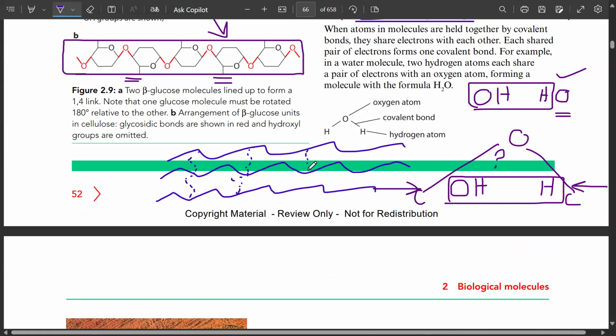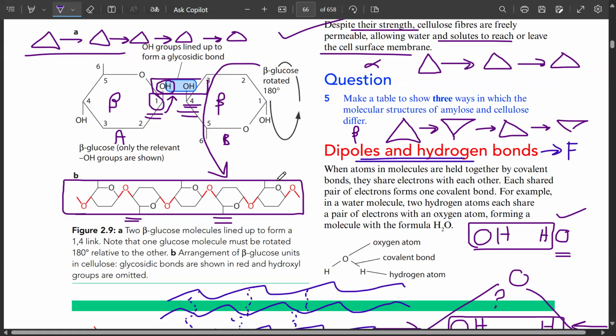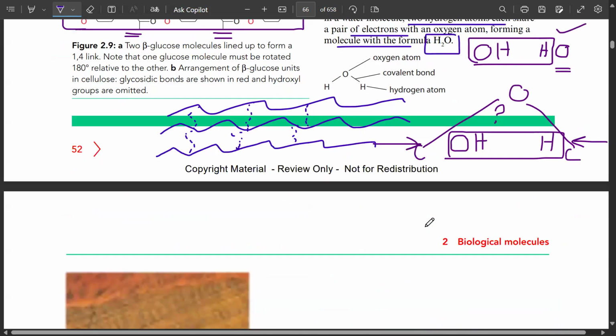We call these dipoles and hydrogen bonds. When atoms and molecules are held together by covalent bonds, they share electrons with each other, and each shared pair of electrons forms one covalent bond. For example, in a water molecule, two hydrogen atoms each share a pair of electrons with an oxygen atom, forming a molecule with the formula H2O.